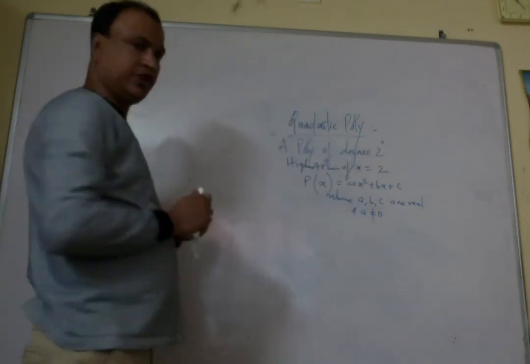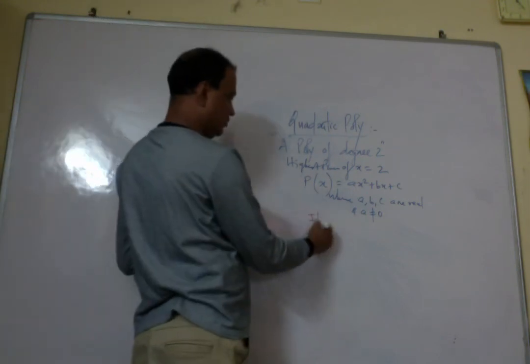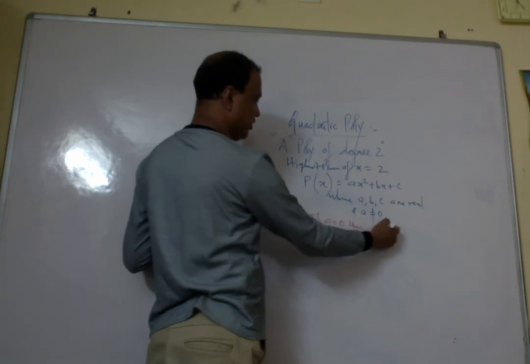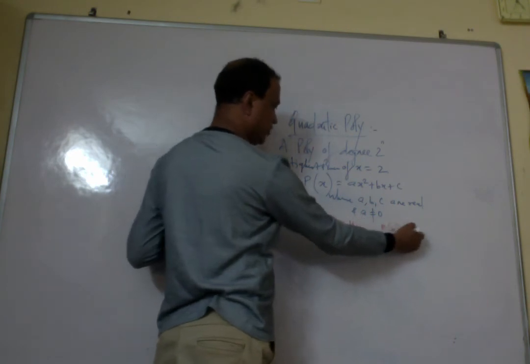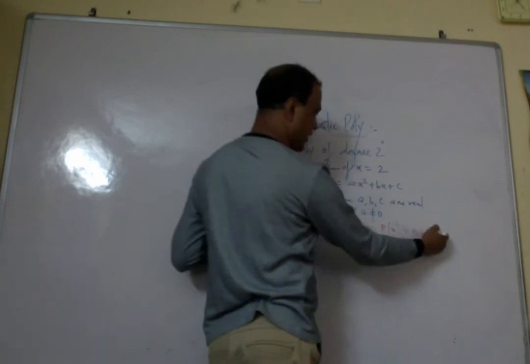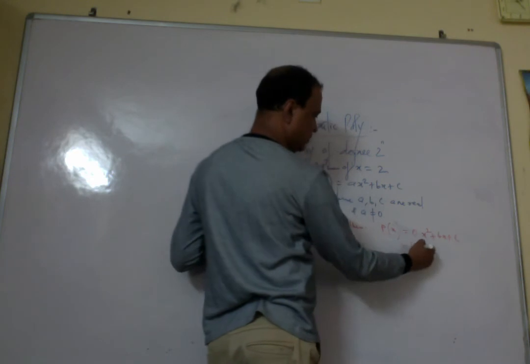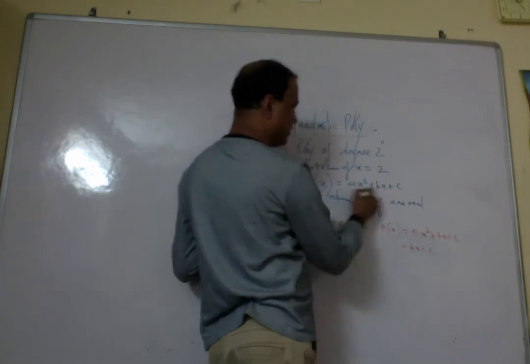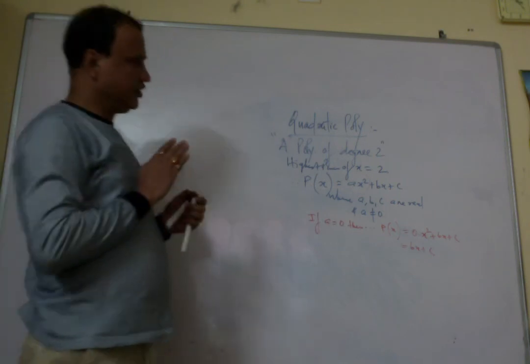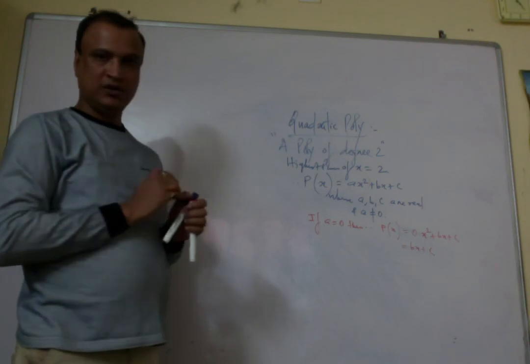Why is a not equal to 0? Because if a is equal to 0, then this polynomial in terms of x reduces to 0 into x square plus bx plus c, which means bx plus c. The term ax square vanishes and the polynomial reduces to bx plus c.